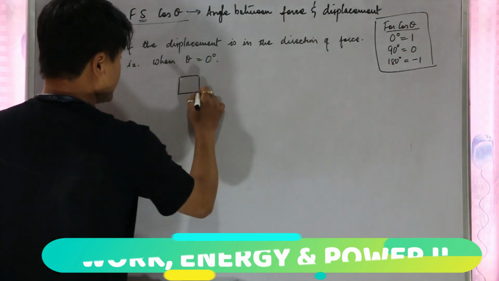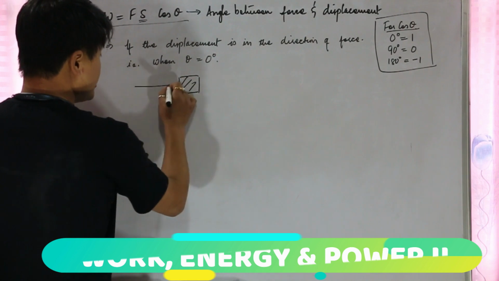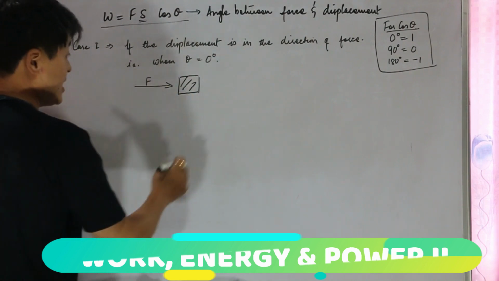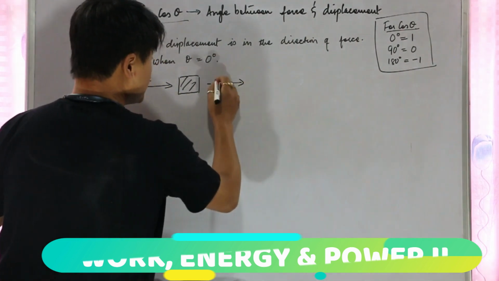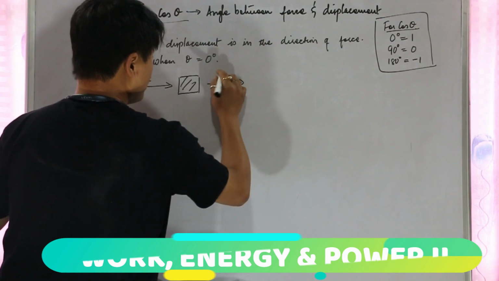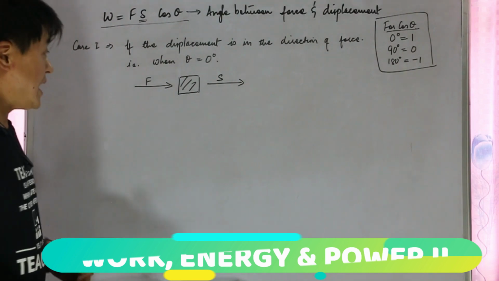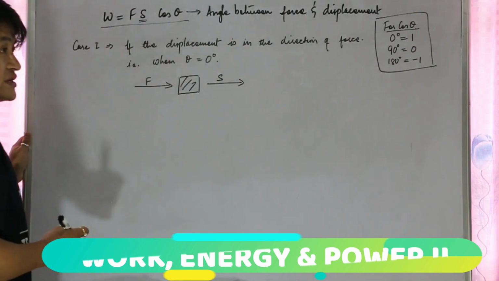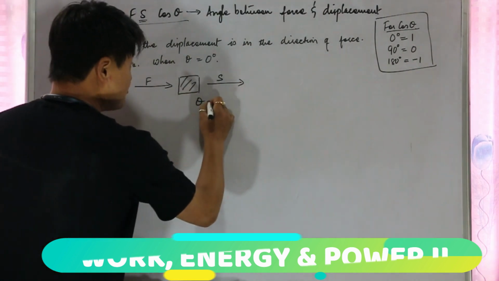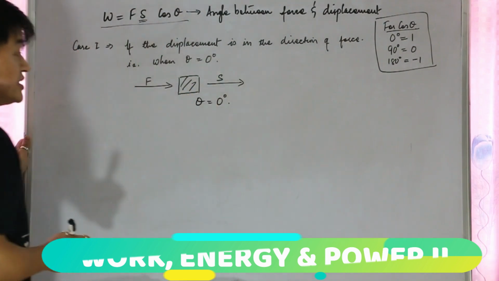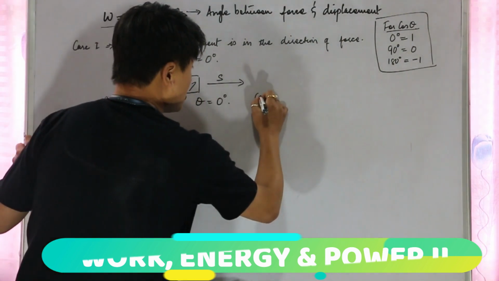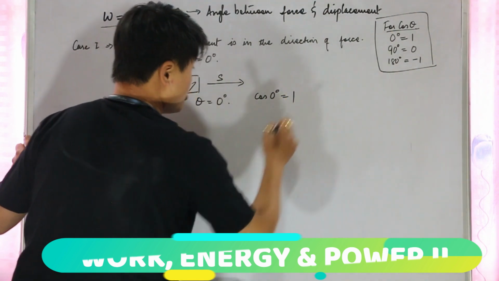If we have a body, and we apply a force on the body, and the body is moving in the direction of the force, that means displacement is towards the direction of the force. At that time, the angle between the force and the displacement, that means theta, will become 0 degree. We know that cos 0 degree is equal to 1.